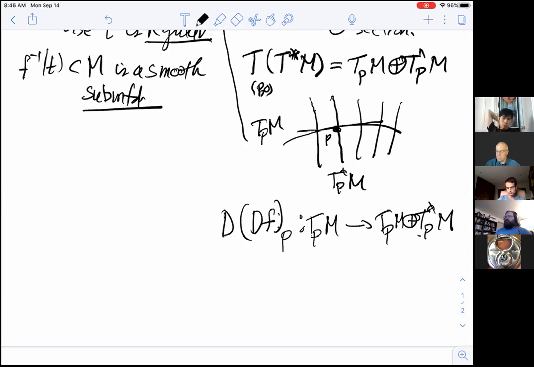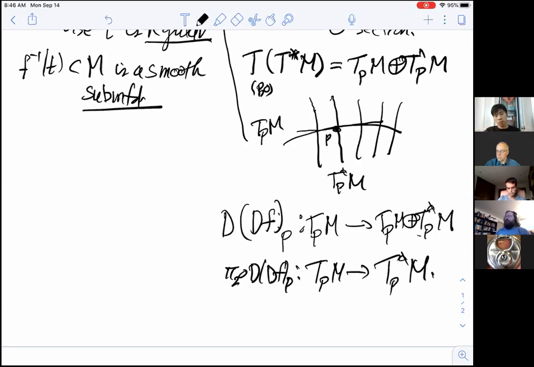The second component, pi 2, composed with D of dF at P, is a map from the tangent bundle of M to the cotangent bundle of M at this point P. And that's called the Hessian.